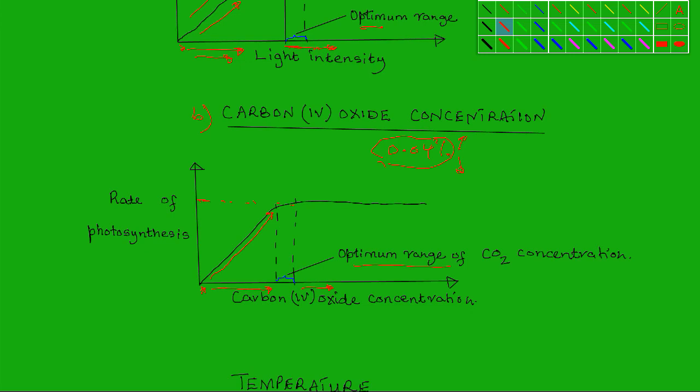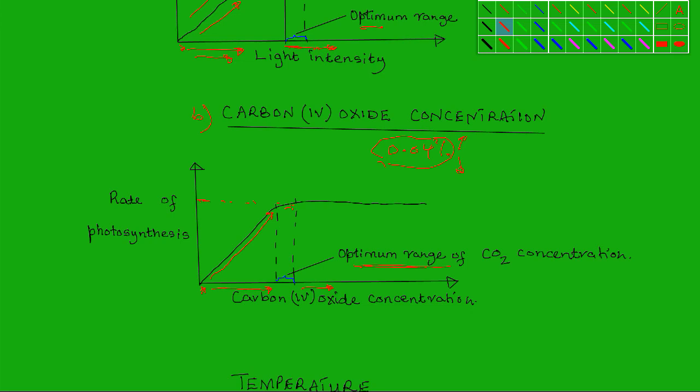There's the light stage and the dark stage, also known as light independent. So the light stage does not depend on temperature, is not affected by temperature, but the dark stage is influenced by temperature.